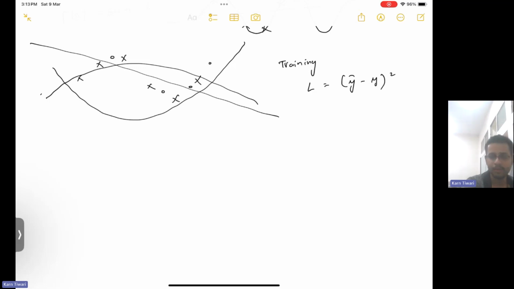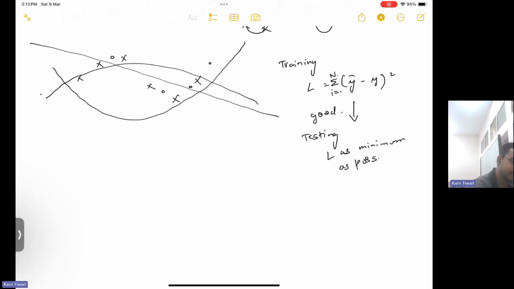I'm taking the RMSE loss, root mean square error, with respect to all the data points from i equals 1 to N. And what we want is that it should perform good on testing data as well. In the testing data, the loss should be as minimum as possible. So in the end, it should perform good. And we don't have access to the testing data because it is real world data.